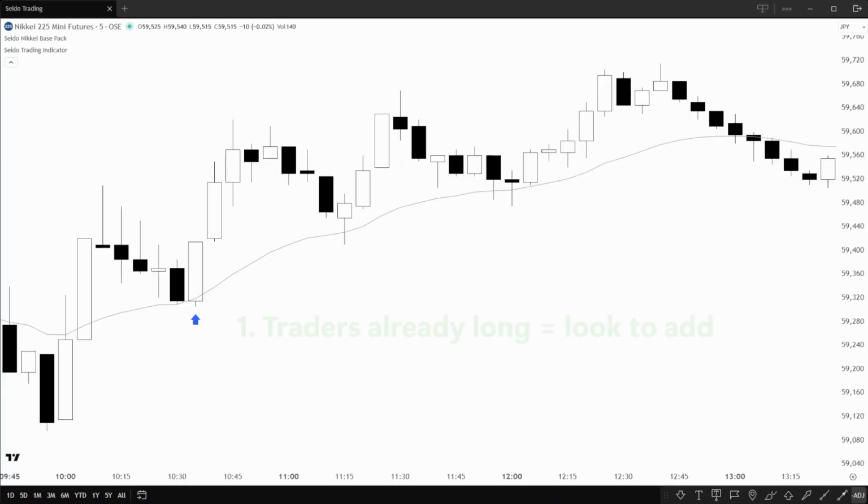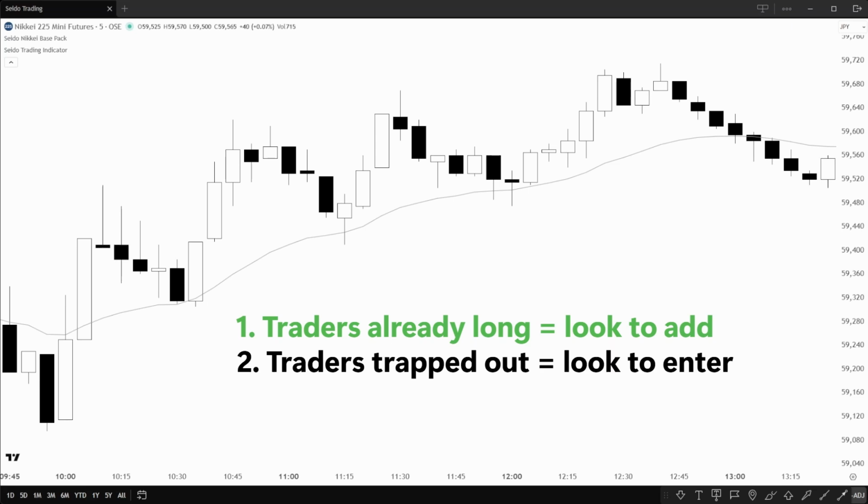Traders who bought here recognize the momentum in the market and are looking to add to their positions when price pulls back. Traders who aren't in a position, who have missed the move, are trapped out. They've seen the recent momentum and they want to get in. They're looking to buy at a better price than the recent momentum afforded them. They're looking for any pullback for a chance to enter.